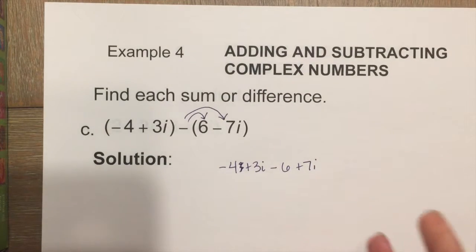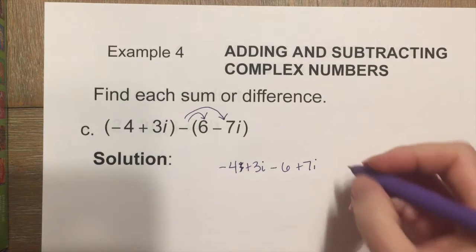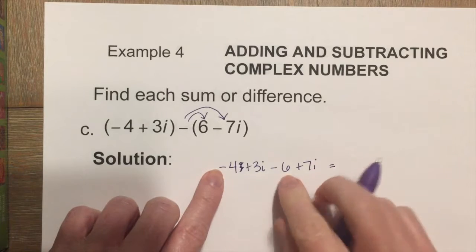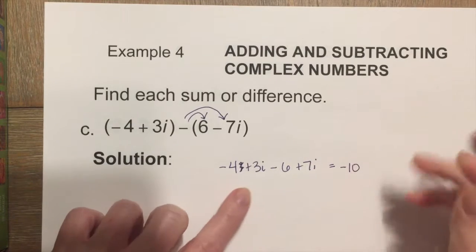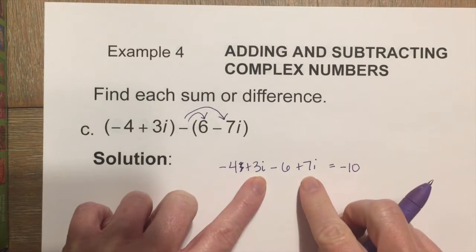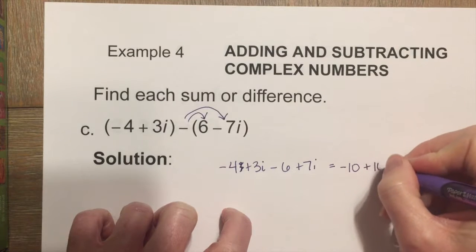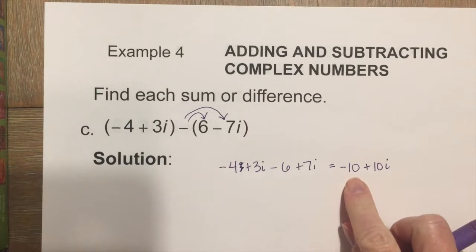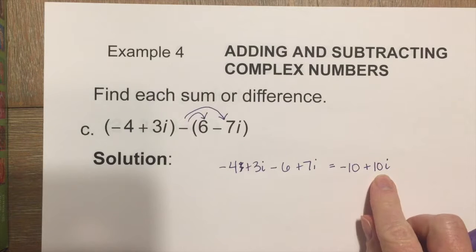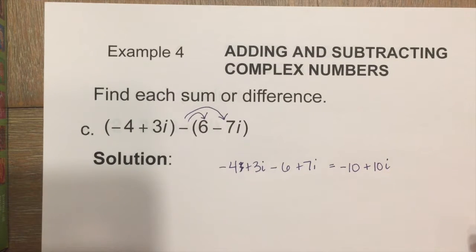Again, I'm going to combine my real parts, and then I'm going to combine my imaginary parts. So in this case, the negative 4 and the negative 6 would give me a negative 10, and the positive 3i and the positive 7i would give me a plus 10i. This is my real part, this is my imaginary part, and negative 10 plus 10i is a complex number.